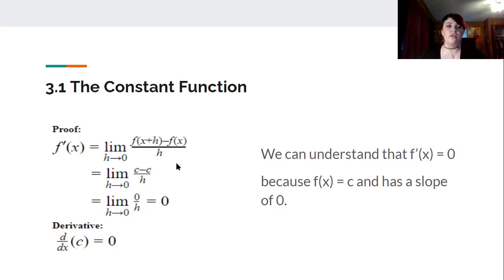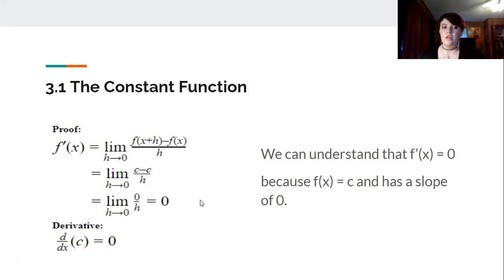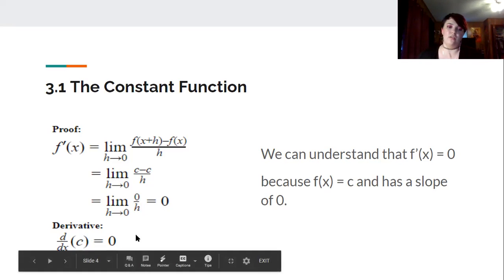And we can substitute in our constant function, f of x equals c, such that the limit as h approaches 0 is of c minus c over h. And because c and c are equal, we will end up with just 0 in our numerator over h, and that is equal to 0. So just like how the slope of our constant function is 0, the derivative of f of x equals c is also 0.